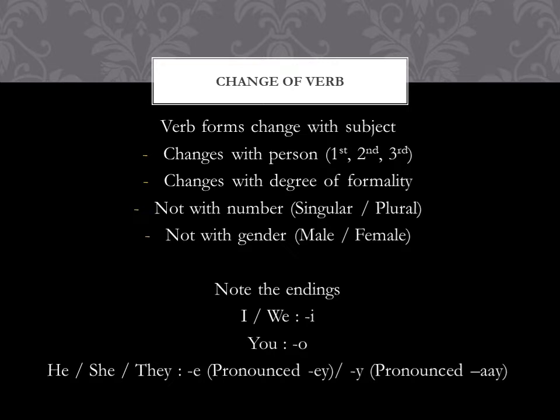For the semi-formal version of verbs, the ending for I and we, first person, is E. The endings for you, both singular and plural, is O. And for third person, he, she, or they, it is either A or I, depending on which of the verb groups the verb falls into.